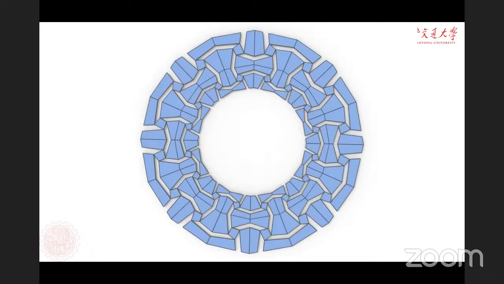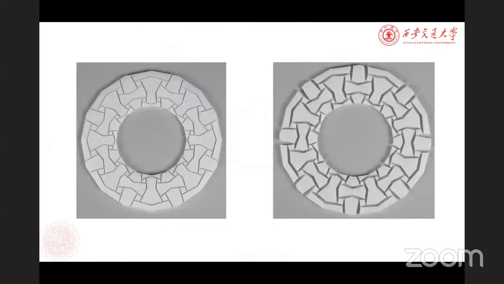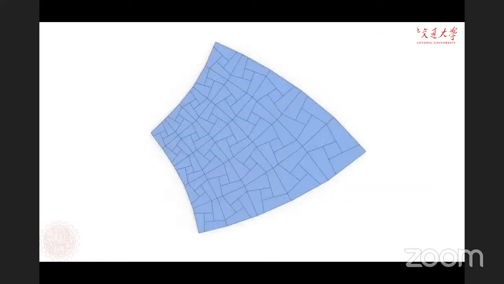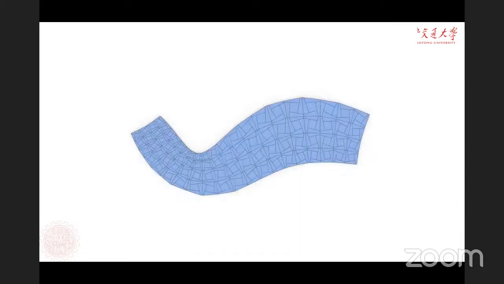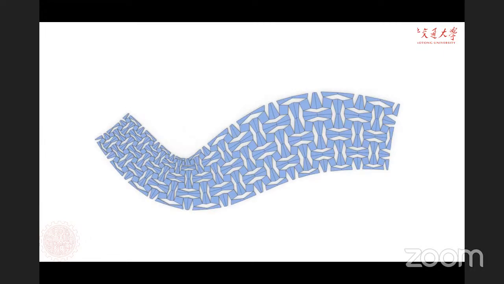This is the open state of the bistable orthotic structure, and this is their physical model. We also have some other results: the closed state, open state, closed state, and open state.